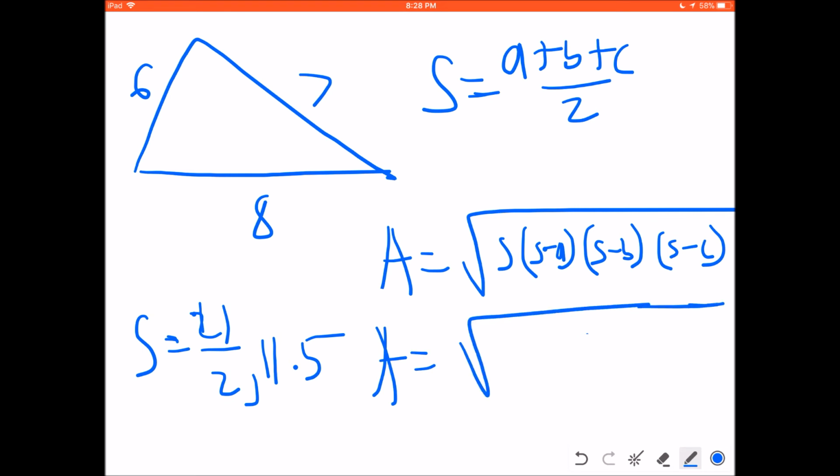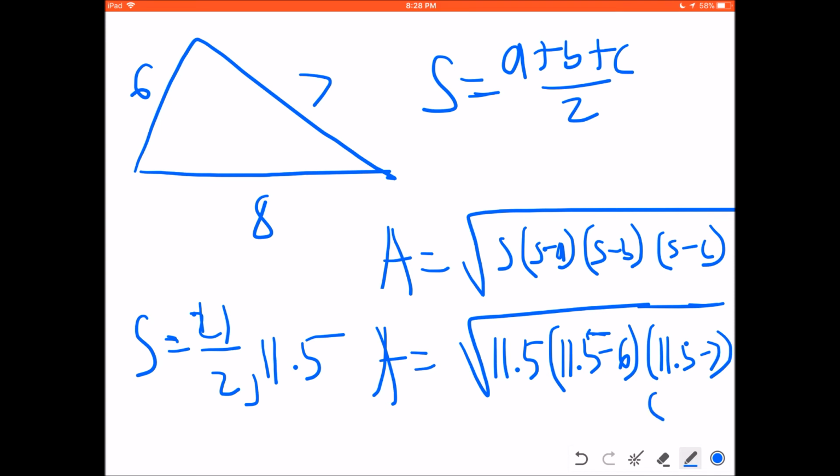So S is the value we found, so I can do S times S minus 6 times S minus 7, and I'll do it down here, but assume it's in the same line, and S minus 8. And you plug those numbers into your calculator, and then you get your solution.